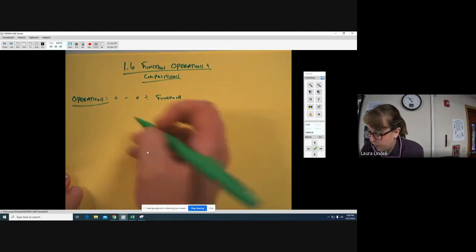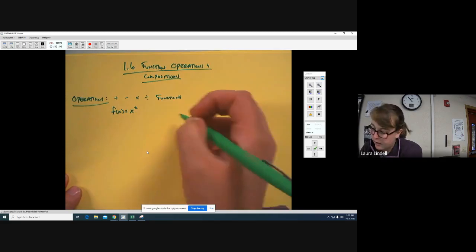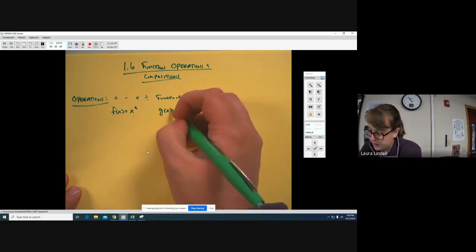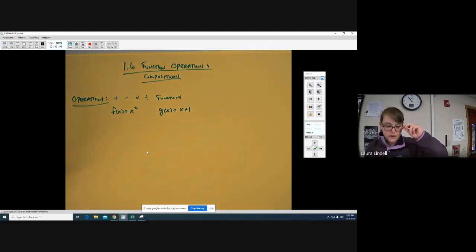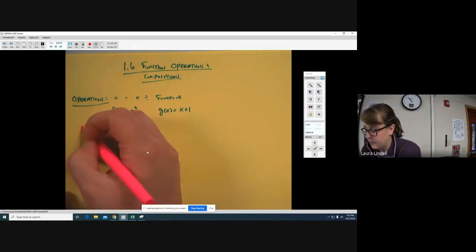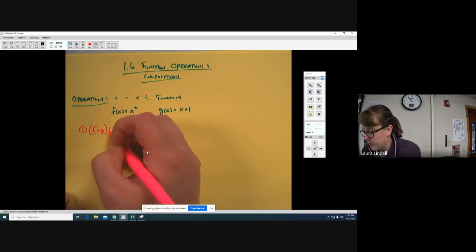So we're going to start with f of x equals x squared, and g of x equals x plus 1. Those are going to be our two functions. And the first thing we're going to do is addition. f plus g of x.